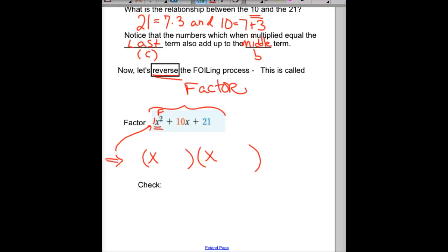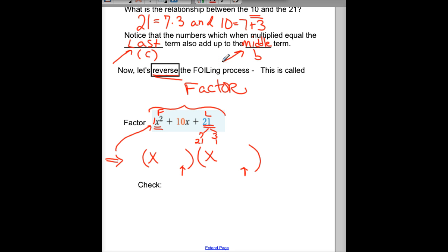Then what we do is we go to this last term, and we know that when I multiply these two, I got a 21. So there's only 2 pairs that when multiplied equal a 21, a 7 and a 3, and a 21 times a 1. But it's really important to notice that whatever multiplies to equal the last has to add up to the middle.